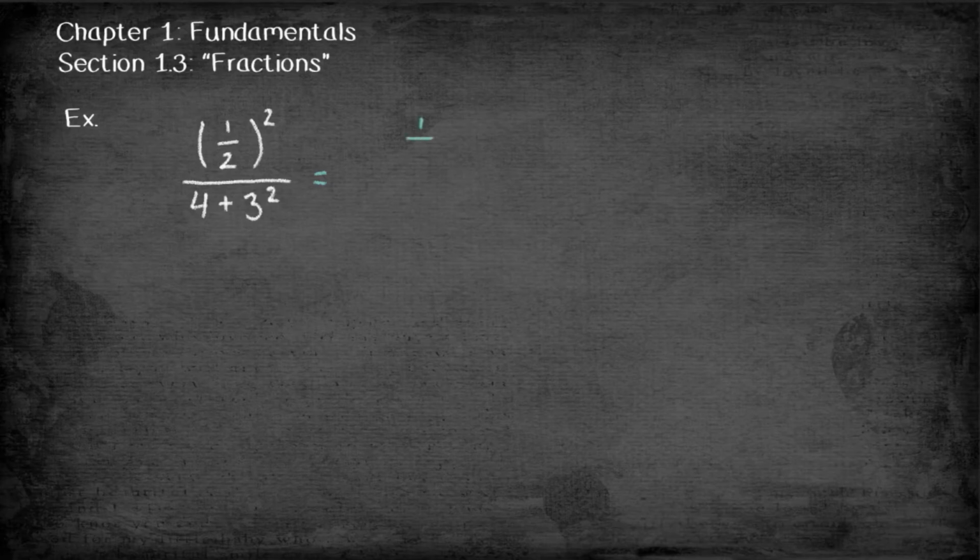So 1/2 squared means 1/2 times 1/2. And on the denominator, following the order of operations, we do exponents first. So we have 4 plus 9. When we multiply 1/2 and 1/2 together, we get 1/4. And then adding together 4 and 9 gives us 13.